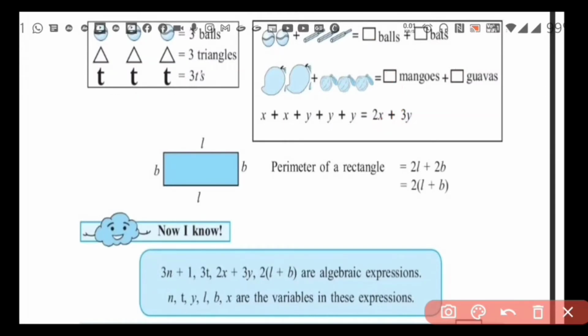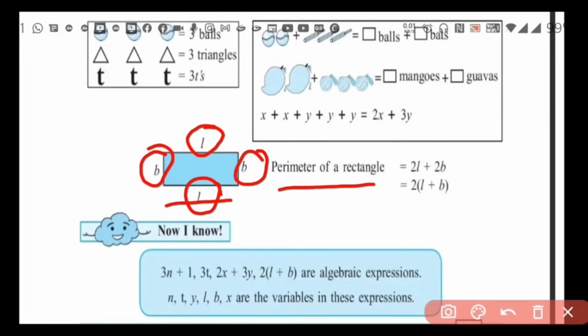Now let us see the next picture. Perimeter of a rectangle. The length of the rectangle is denoted by letter L, and the breadth of the rectangle is denoted by letter B. What is the formula for the perimeter of a rectangle? It is 2 into length plus 2 into breadth. So 2L plus 2B. We don't put the multiplication sign between the number and the variable. We write it as 2L plus 2B.